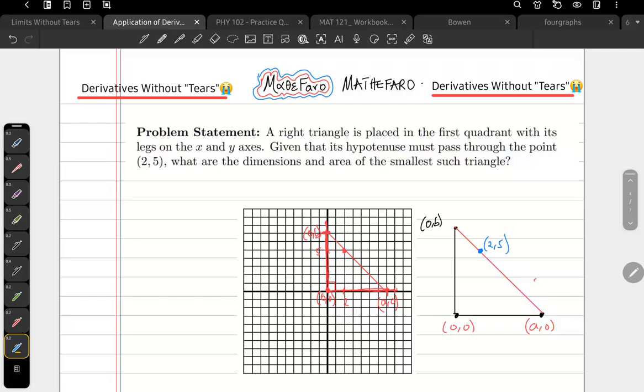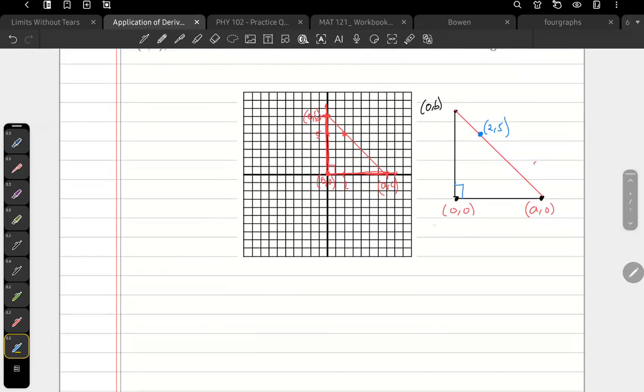So what we want to find is a minimization of the area of this triangle. And what is the area of a triangle? We know from elementary school that the area of a triangle is given by half times the base times the height. In this case, the base is the distance from here to here, and the distance from 0, 0 to a, 0 is just a.